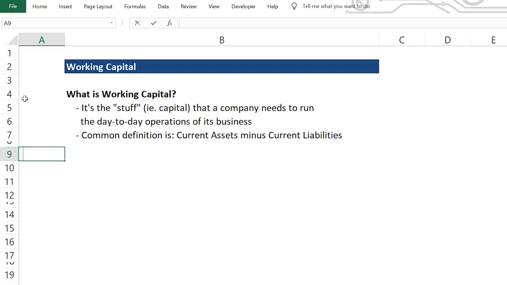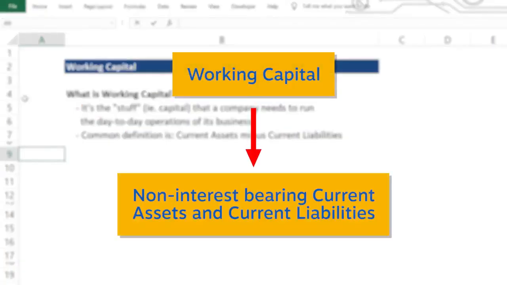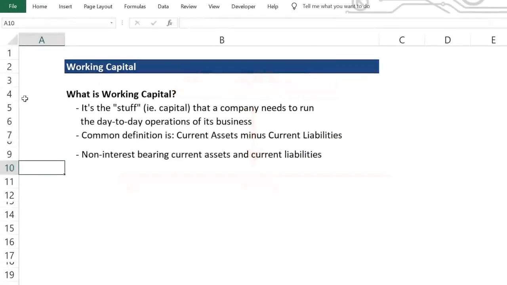However, in the context of financial modeling, we need to be a little more specific. For forecasting a company's financial statements, our definition is going to be that working capital is the non-interest-bearing current assets and current liabilities. We'll talk a bit later why this is the specific definition we use.